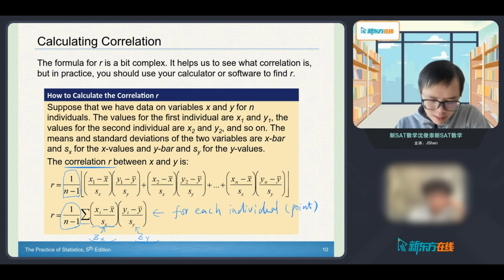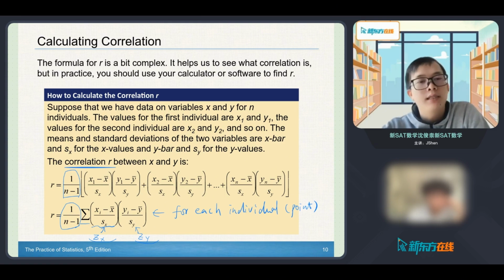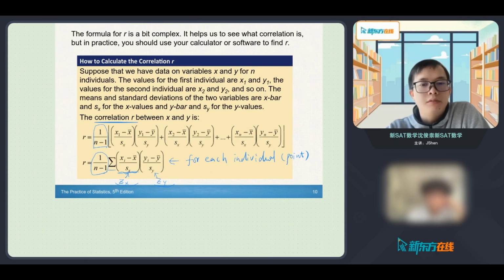You have the zx value and the zy value, and you multiply them together. Then you take the average of the sum, the average of the products.